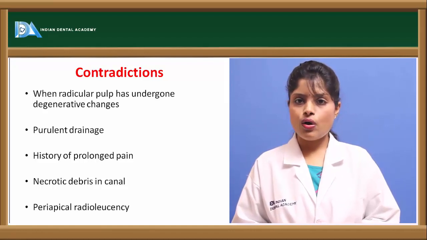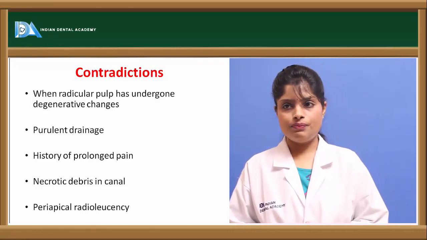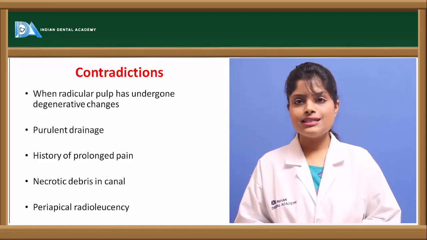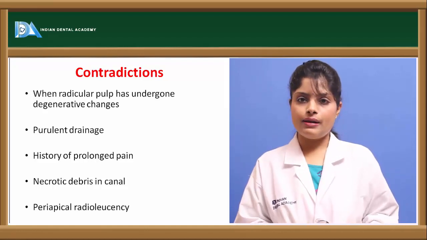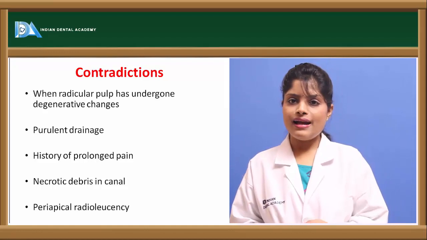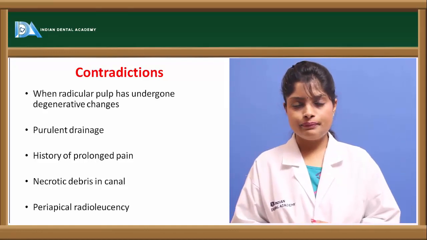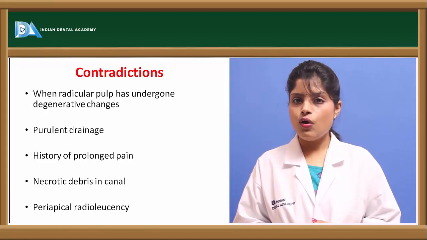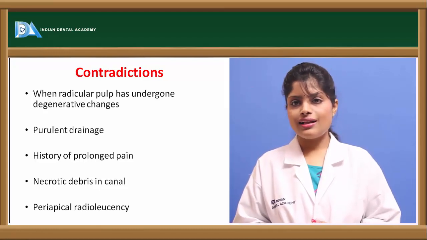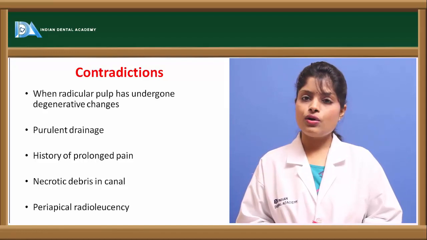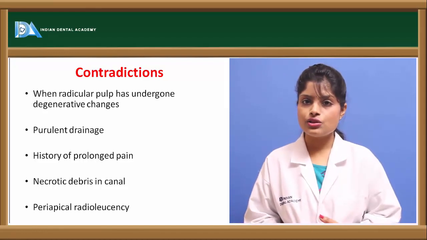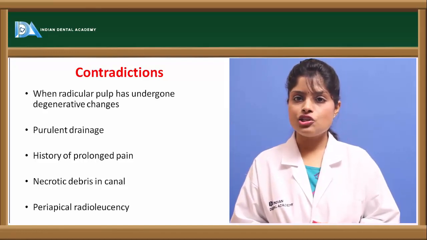Also, if there is necrotic debris in the pulp canal or any periapical radiolucency appreciated radiographically. In such cases, we go for apexification rather than apexogenesis, because all these are indications of an irreversibly damaged pulp or pulpal necrosis.